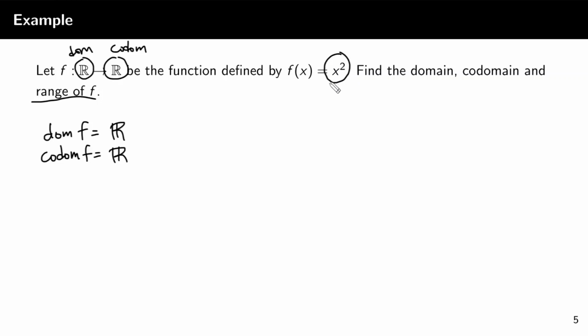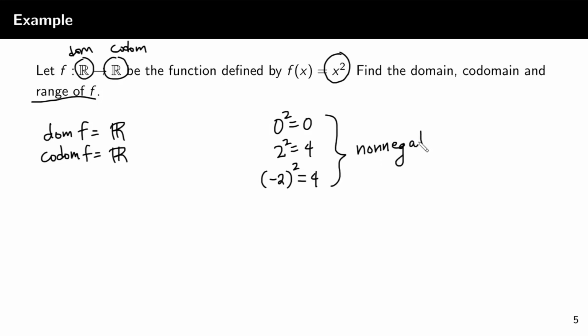So, for example, 0 squared is 0. 2 squared is equal to 4. Negative 2 squared is also equal to 4. So, ang magiging resulta ng function na to ay mga numbers na either 0 or positive. So, mga non-negative numbers.